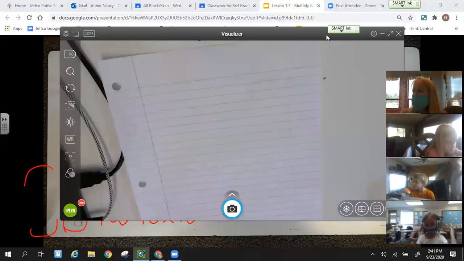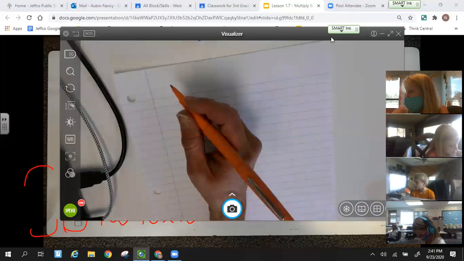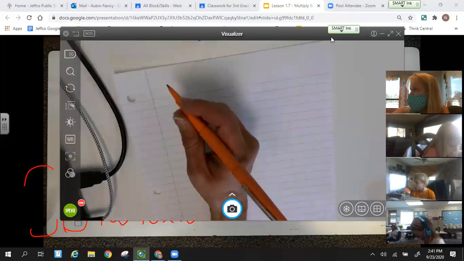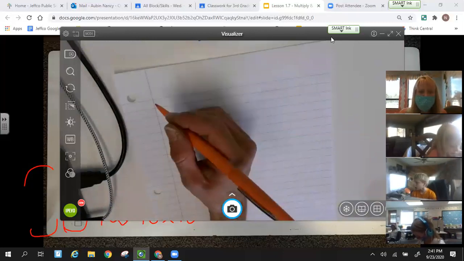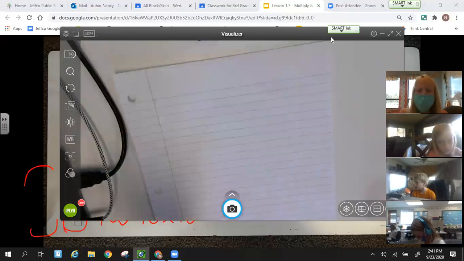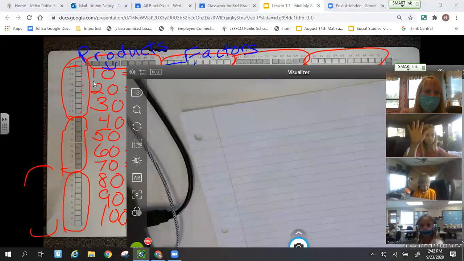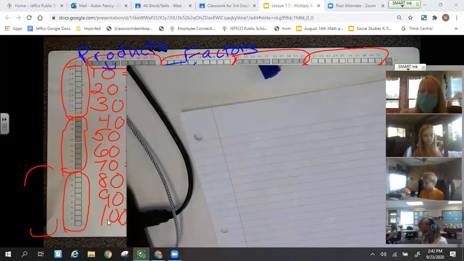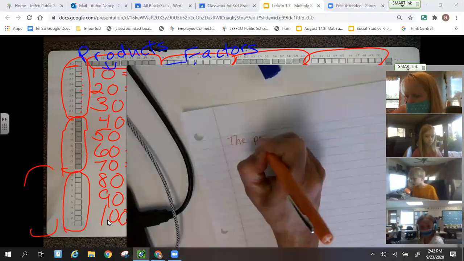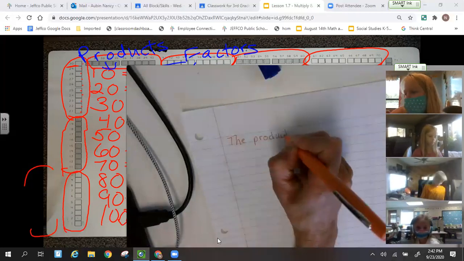What have we noticed, Serne? The products, can we use our vocabulary? All right, if you're not sure what she said, the products count by tens. Look at this. 10, 20, 30, 40, 50, 60, 70, 80, 90, 100. The products count by tens.